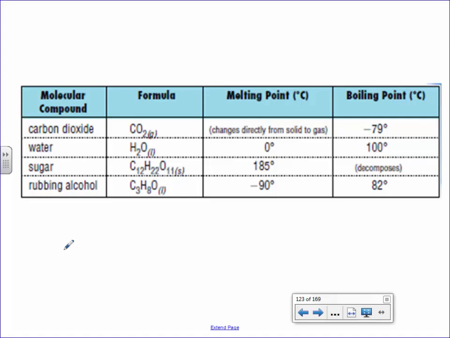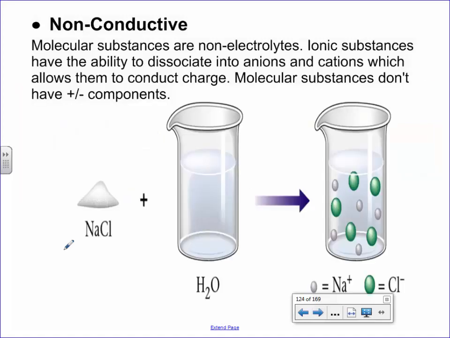The last property I need you to know is that molecular substances do not conduct electricity. The theory behind this is a little harder for me to explain until we learn a few more things. But the basic idea is that because these things are all nonmetals, nonmetals are typically negatively charged anions.